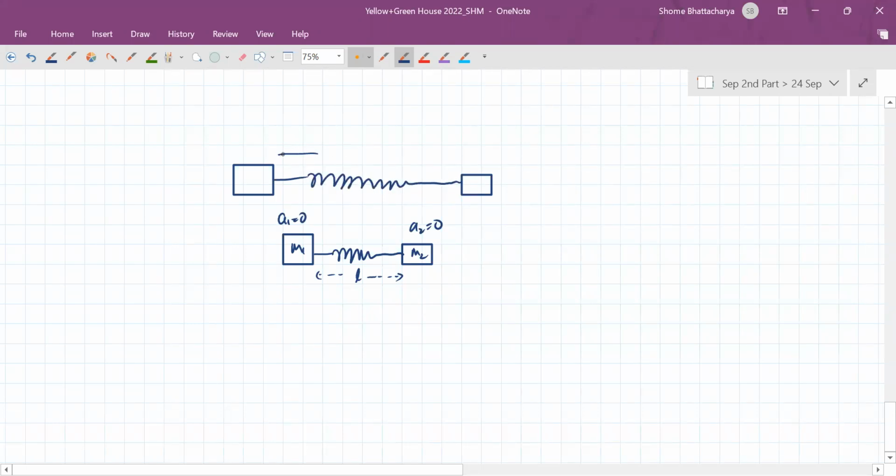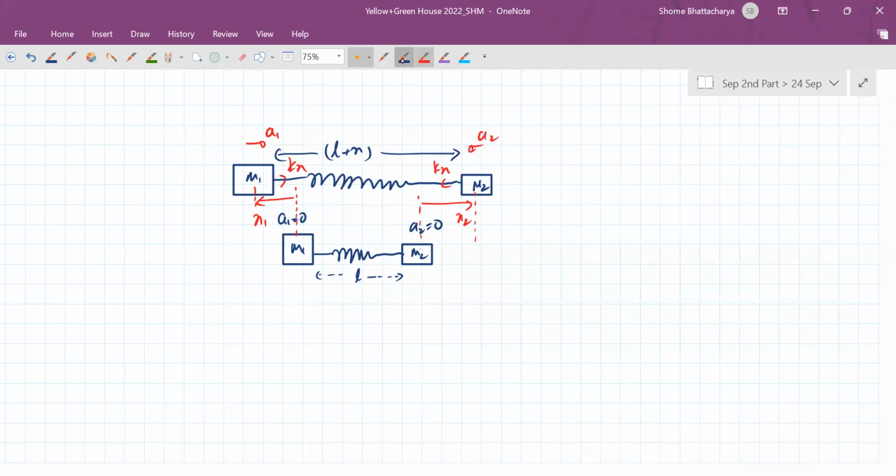And this is when the spring has some general value of extension x, such that individually these blocks are having a displacement of x1 and x2 in these directions. And because of the spring force, they're having accelerations a1 and a2.